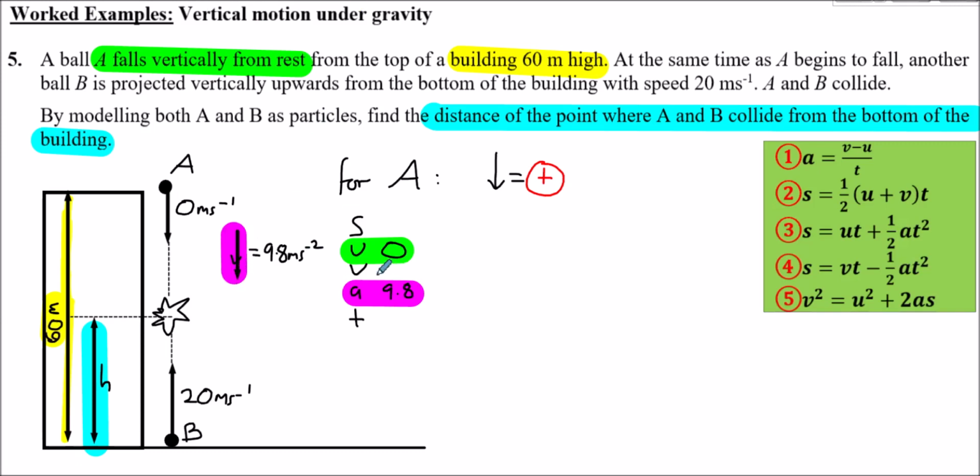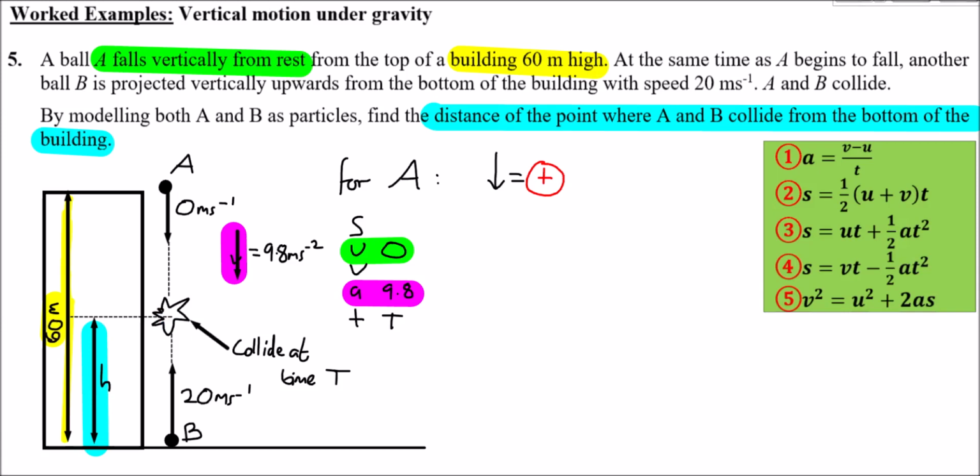The time, we're not really sure about the time, to be fair. But what I'm going to do here, I'm going to label the time big T. So big T is when they collide. So I'm just going to make a note here that they collide at time T. Now the displacement for A, well we've labelled here that the point they collide is going to be h, the height from the floor to where they collide.